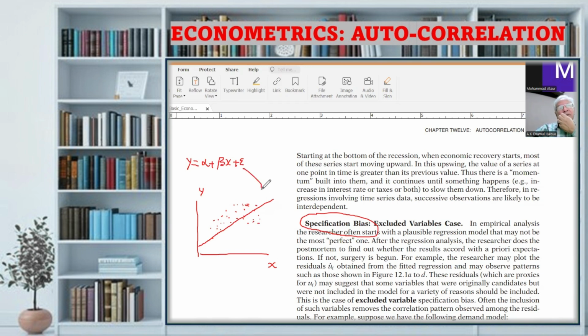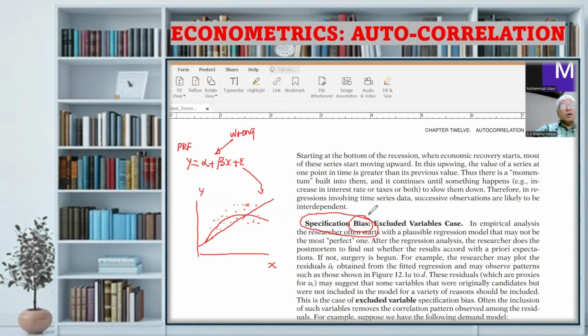But if you look into the data, the model should have been like this. So the PRF that I started with was wrong. It means I started with the wrong assumption. That's called bias. I have a bias.